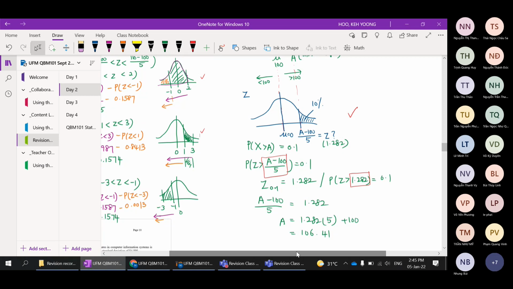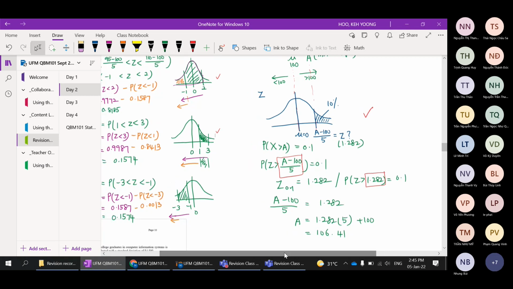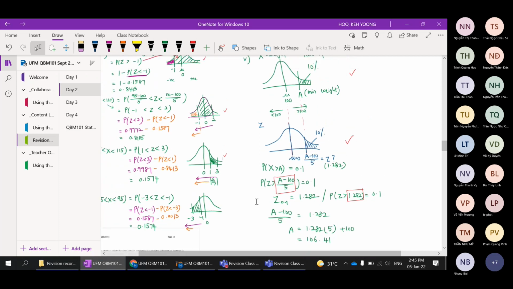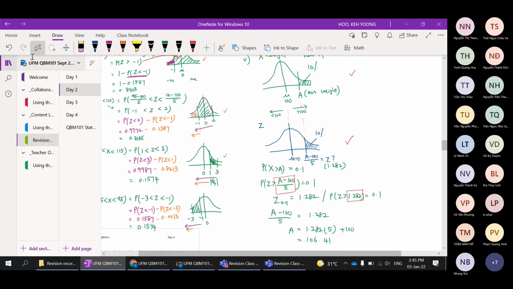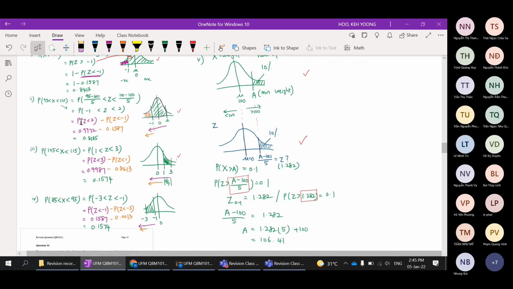Okay, any other questions? In question 5, do I have to write any words to explain, or I just do like this?